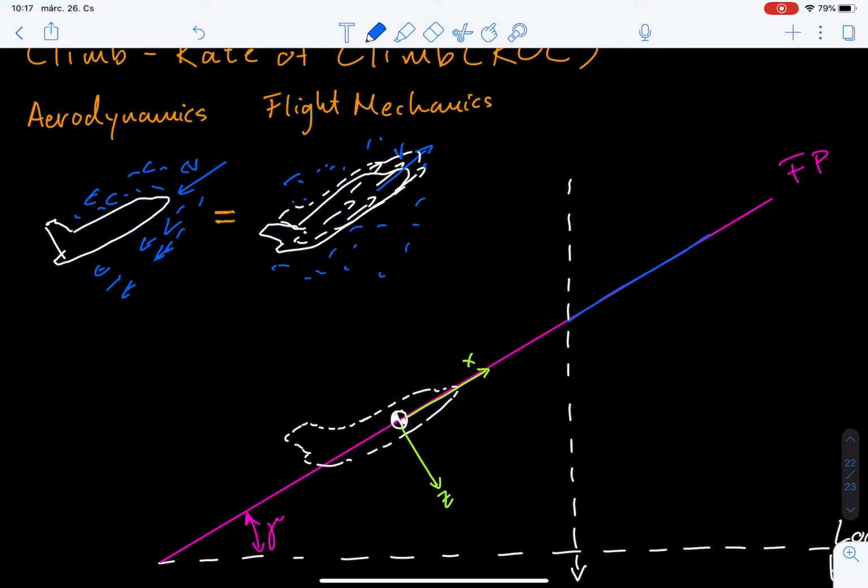But why we have this differentiation is because in the first example we were interested in what the air does around the aircraft, and for that approximation it was more correct to use the analogy that the relative wind, or the mass of air, was moving around the aircraft. But now I'm more interested in the motion of the aircraft, right?